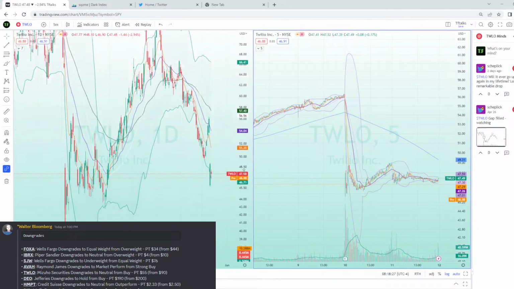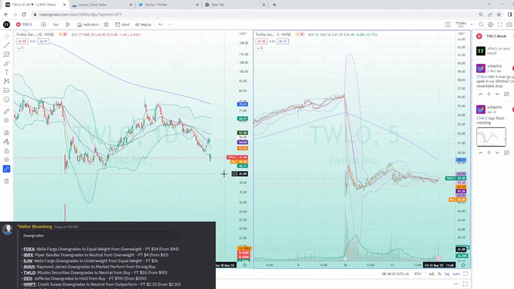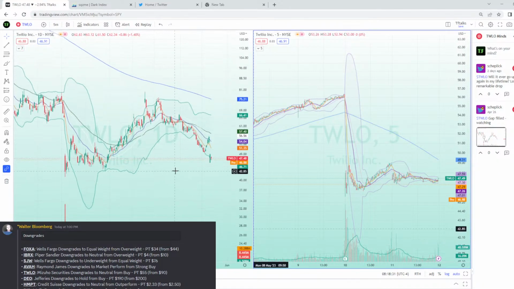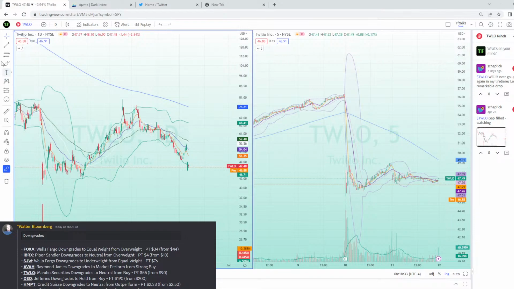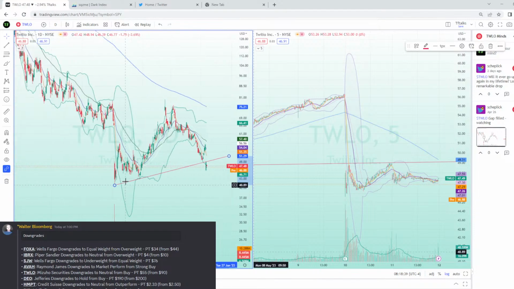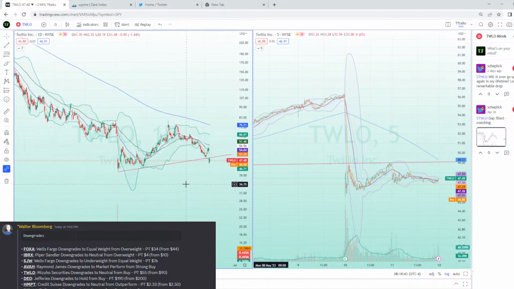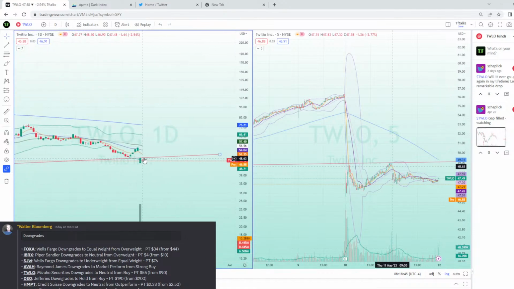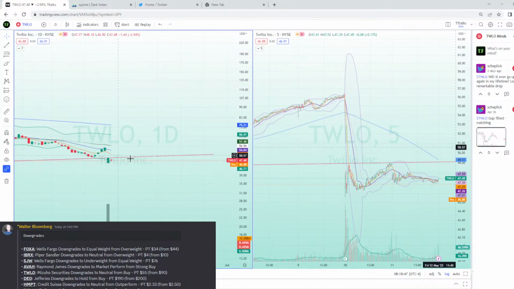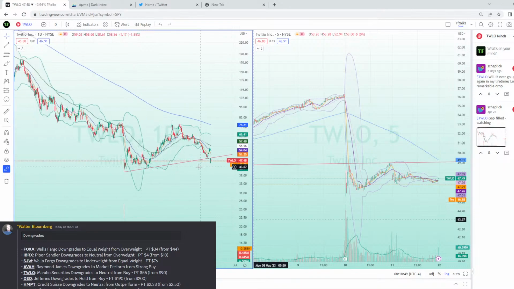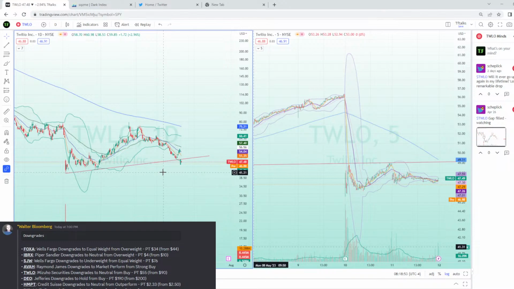Let me minimize the chart over here. Okay, it's not very good. If yesterday they could actually go above this line, we could do a short-term bullish on this one, but it totally broke down.